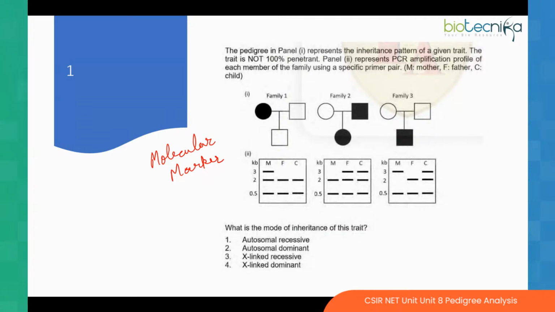If you have solved, please give me your answer in the chat box. Please type in your answer.